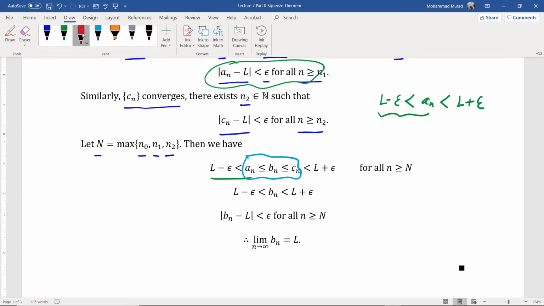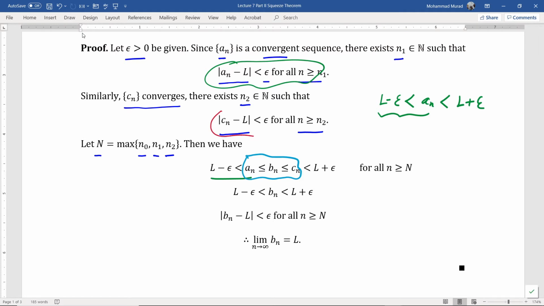And then from this inequality we can write L minus epsilon is smaller than c sub n, which is smaller than L plus epsilon. Then we can copy this part of this inequality here.